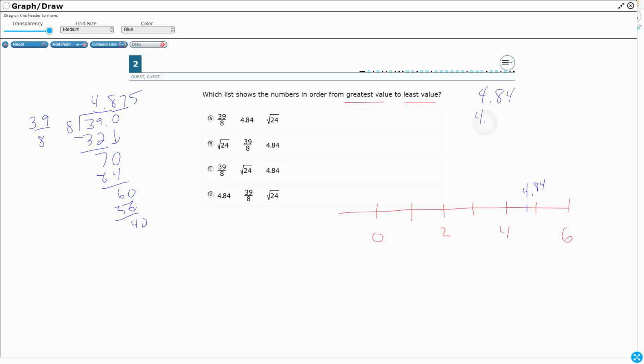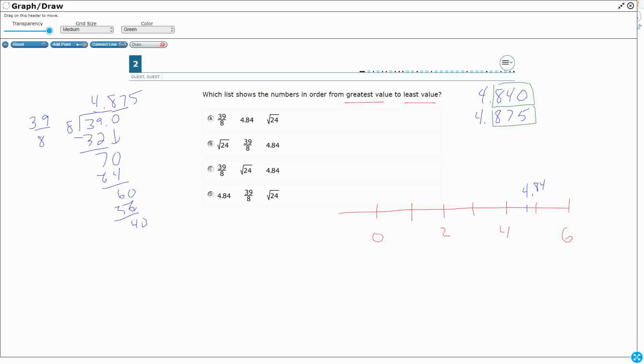So that 39/8 is 4.875, and we need to now compare 4.84 and 4.875. The easiest thing to do here is add a 0 to the thousandths place for the 4.84. Since we've got a 4 in the ones place, let's just look at the two numbers after the decimal, 840 and 875.